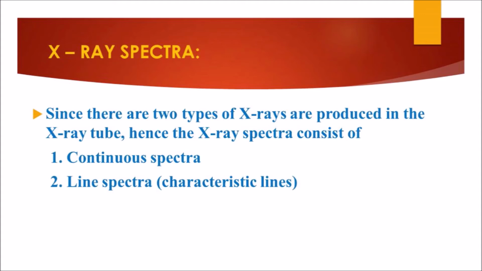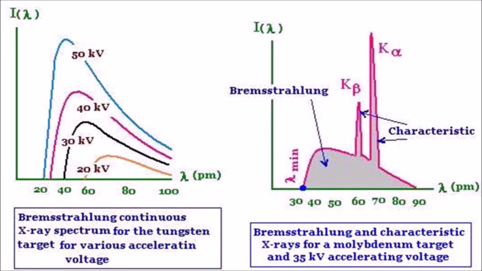Based on the X-ray production, the X-ray spectra consist of two types. One is a continuous spectrum and the second one is a characteristic spectrum, that is, a line spectrum. In the first graph, we see the X-ray spectra of tungsten at various accelerating potentials.